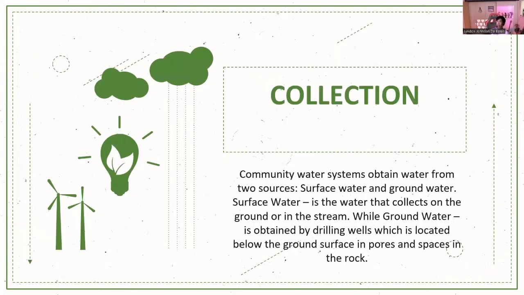Next slide. So, the first is collection. Community water systems obtain water from two sources, surface water and groundwater.